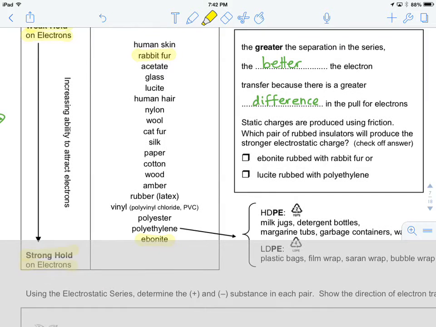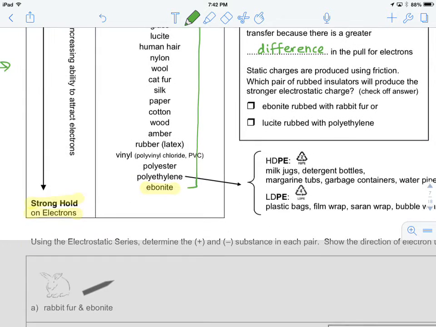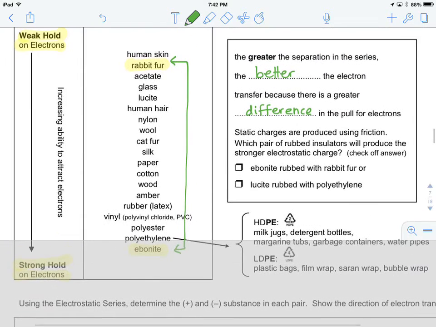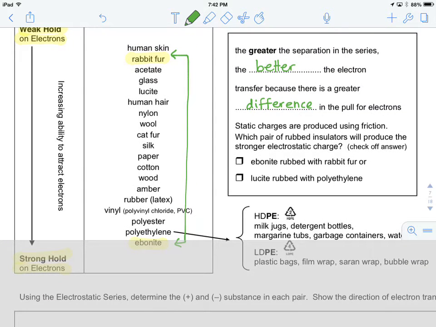So we could look at ebonite and rabbit fur, and you'll notice they're at opposite ends of the spectrum. So there's actually quite a difference in their pull.